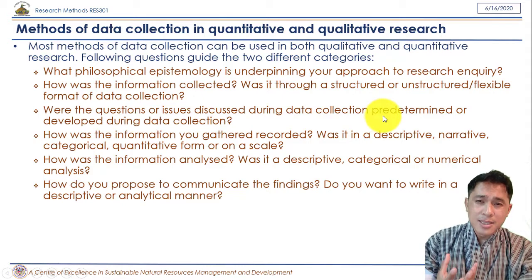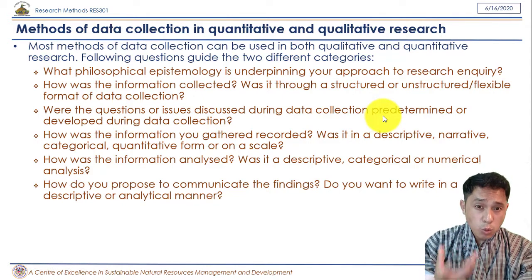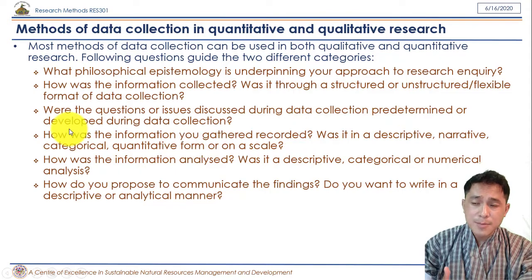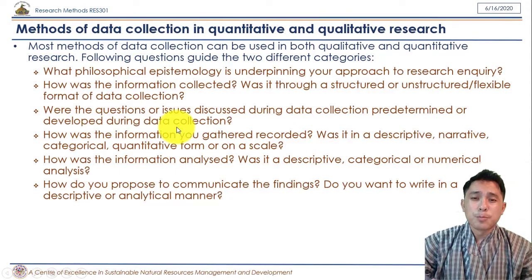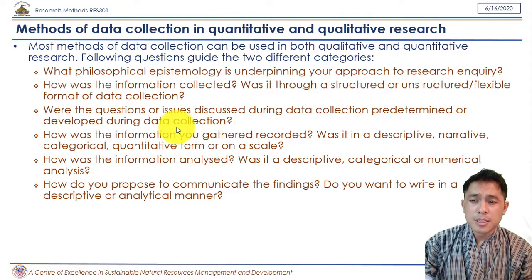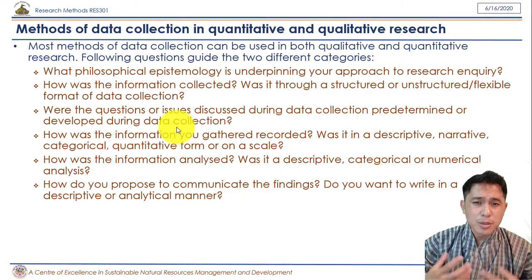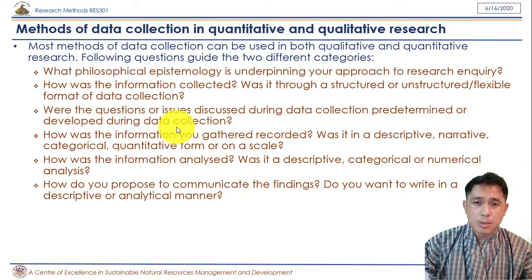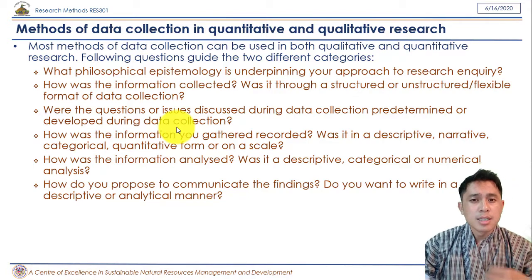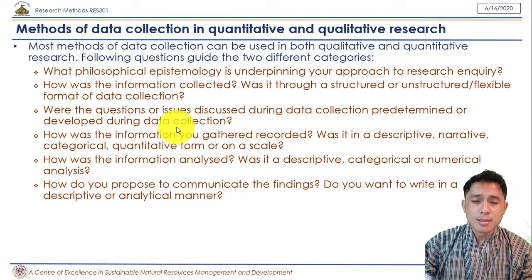If it is predetermined, then that's the scope of quantitative. But if it is not predetermined, but developed during data collection, the questions are coming up as and when you're asking the respondent, or as and when you are in the field, the questions are coming in your mind, and you just note down the answers, then that's the scope of qualitative data collection.